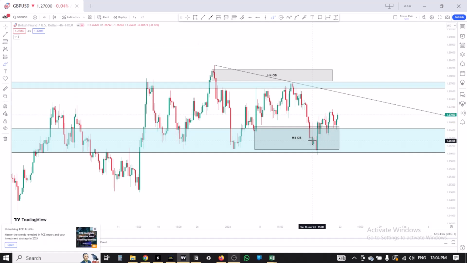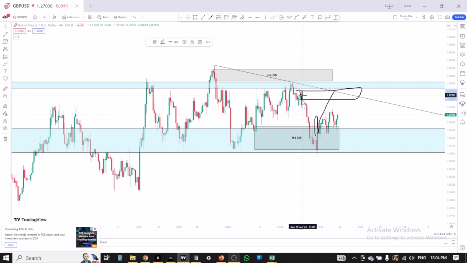The last thing I was looking at: if price should sell off to these points here, I'll be observing the market movement within this demand level, this H4 order block, which is the demand level inside this daily structure. If price closes above it, I'll be looking for buys into this level here. There's another block here too, which is the supply level.